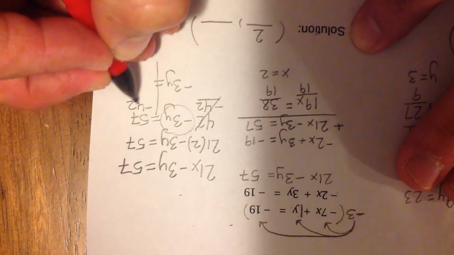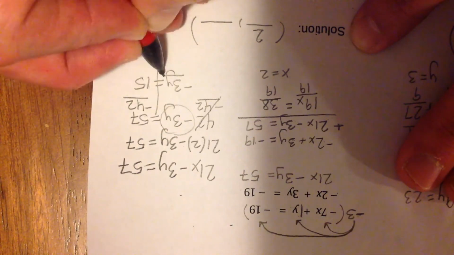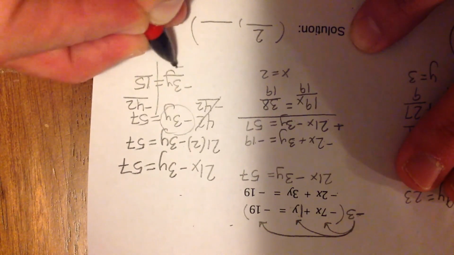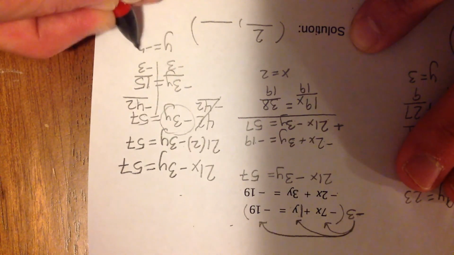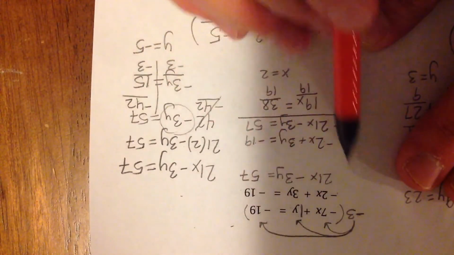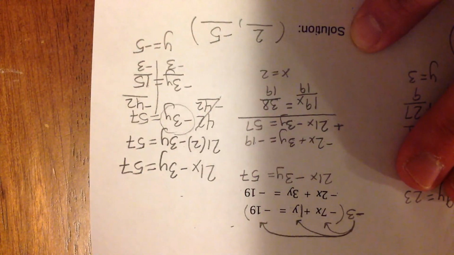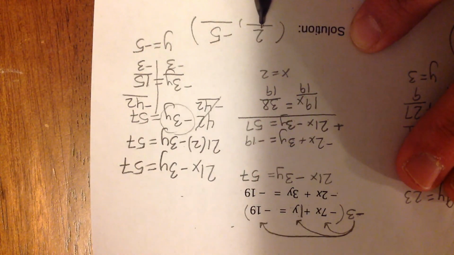It equals 57 minus 42, which gets me 15. If I divide both sides by negative 3, my y value is negative 5. So if I were to graph these two lines on a coordinate plane, they would cross or intersect at the point 2, negative 5.